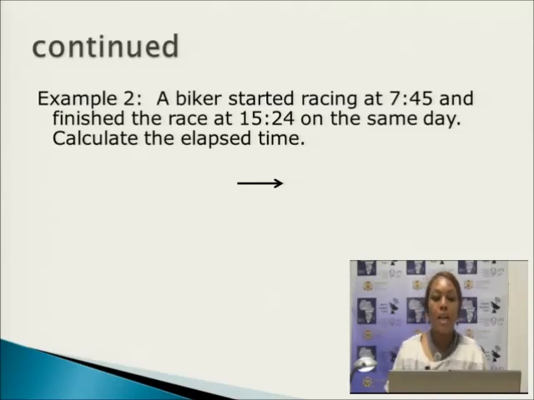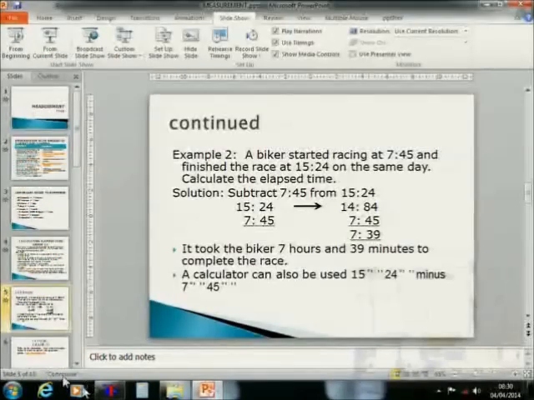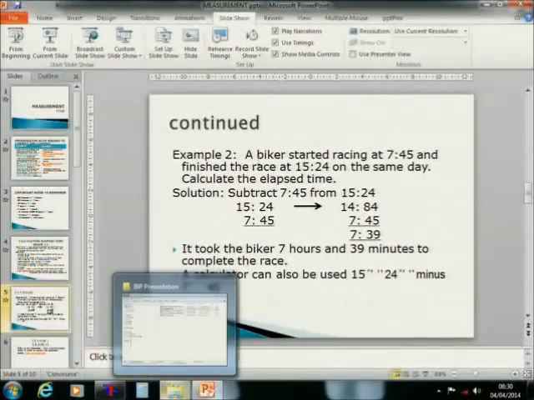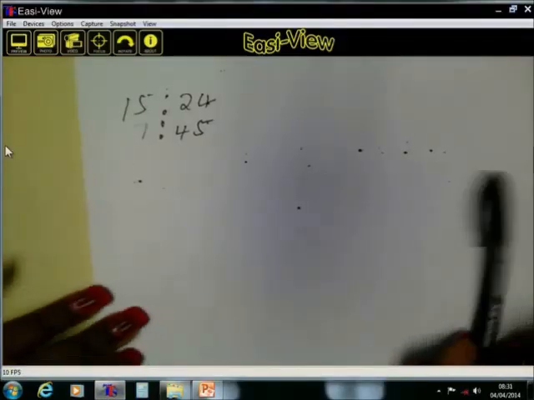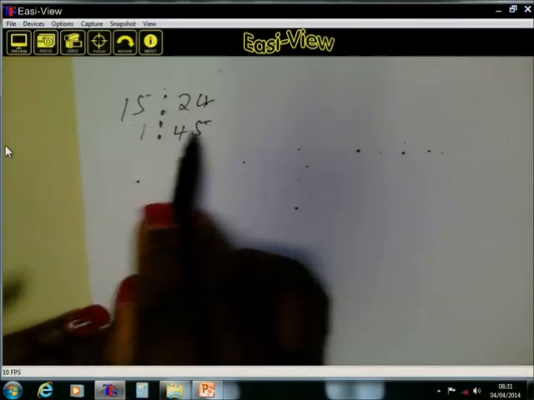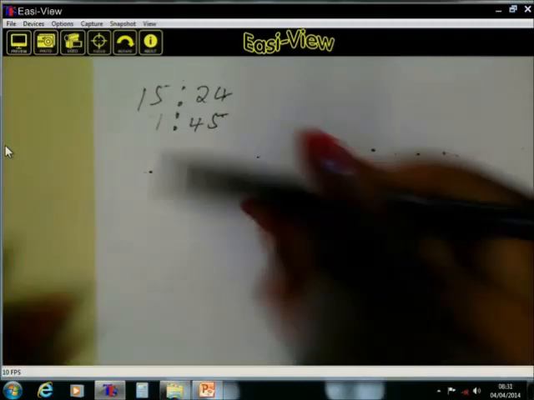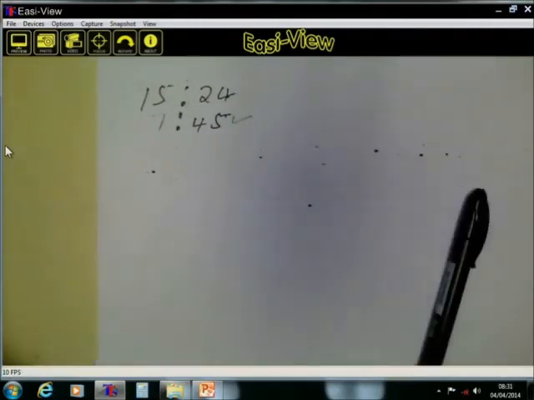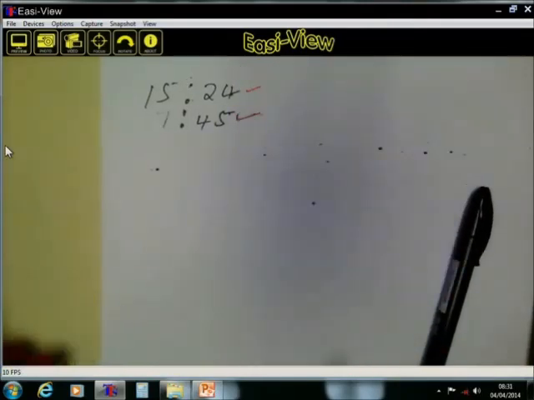Now here we are going to use the subtraction method in order to calculate the exact time. The biker, the race started at 7:45, and then it ended at 15:24.